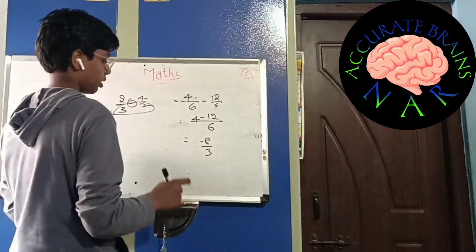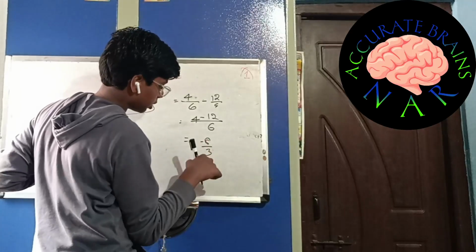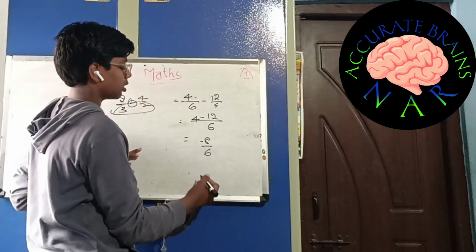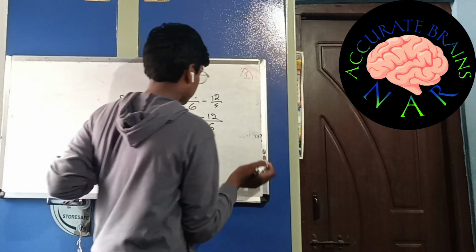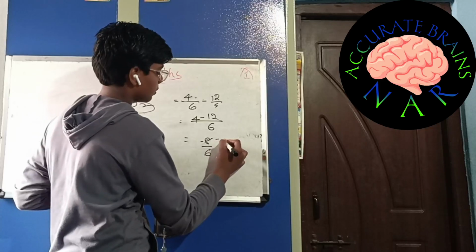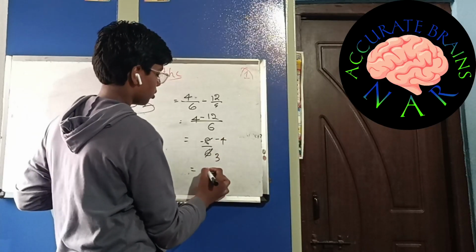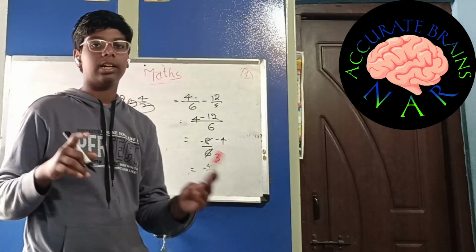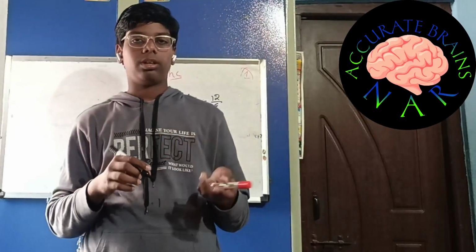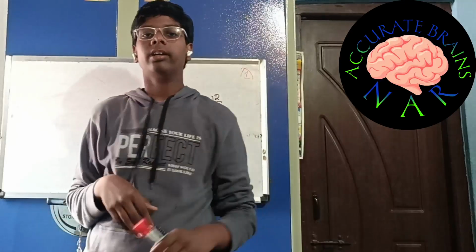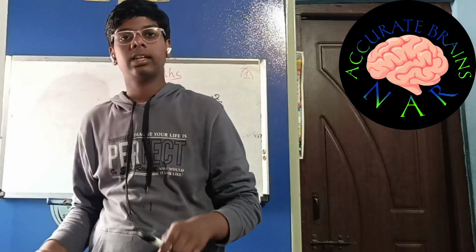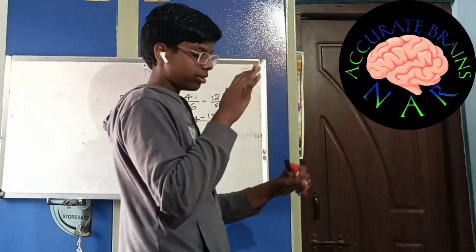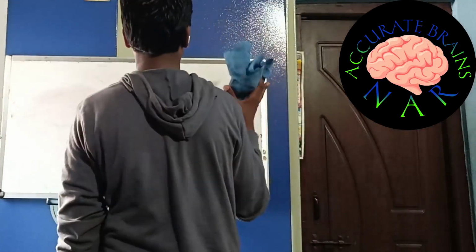If we observe carefully, both are multiples of 2, so 2 3s are 6 and 2 minus 4s are minus 8, so minus 4 by 3. It's a rational number. So here we got another point, that if we add or subtract, we will get another rational number. Clear, right? So we finished another topic, that is subtraction of rational numbers.